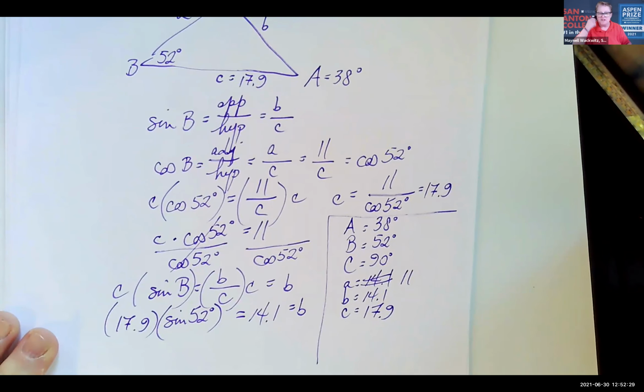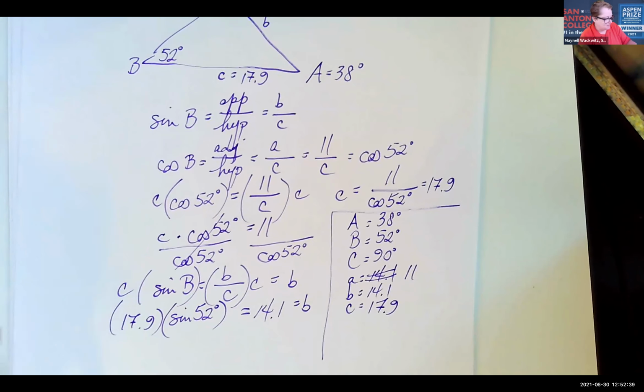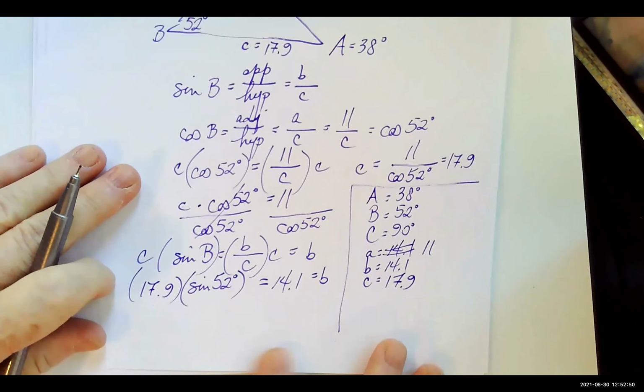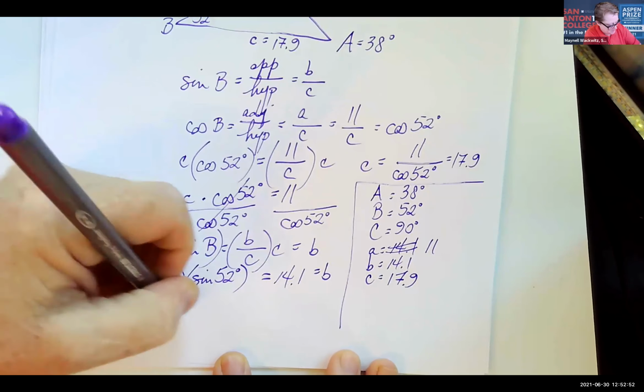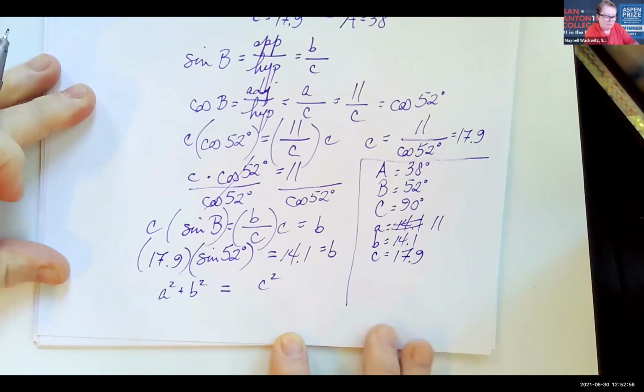Is there a way that we can check our work? Something that we know about the sides of a triangle? Pythagorean theorem. Sure, absolutely. We know that a squared plus b squared should be c squared.